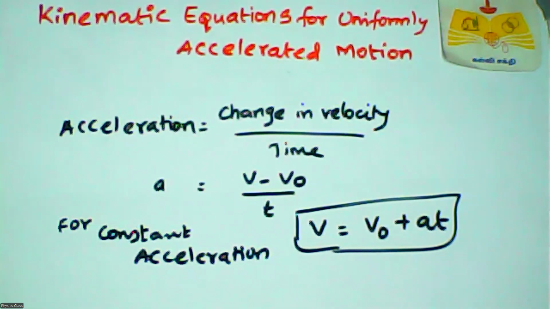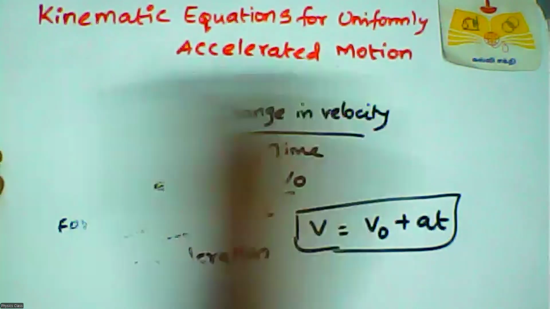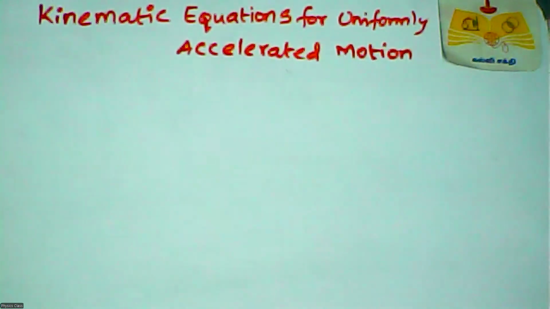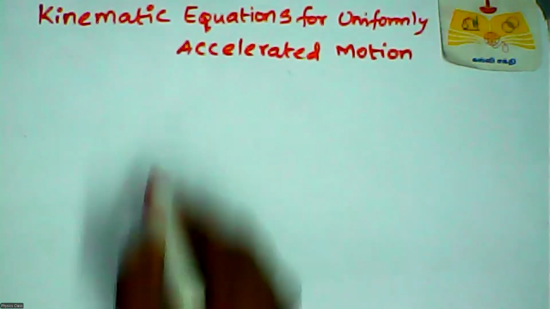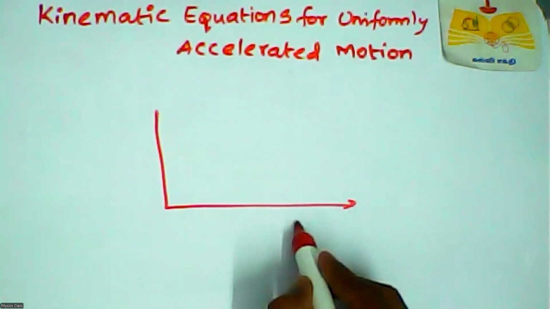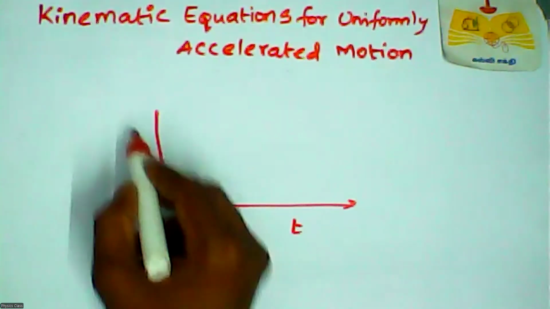Okay. So this is the first kinematic equation. Now, in your book, you have seen one graph like that. Here is time, here is velocity.